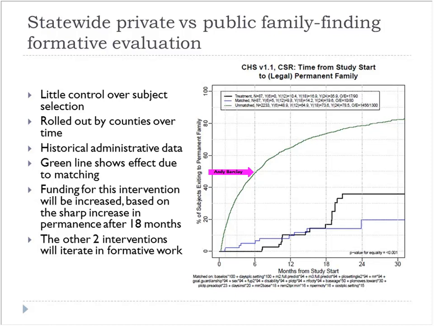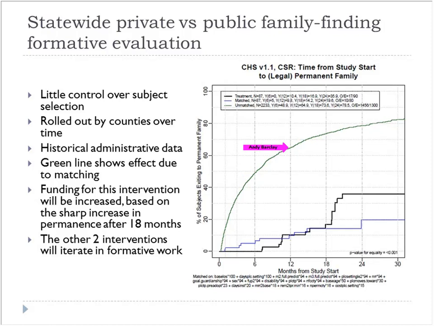The green line is the curve of the permanency over time for children who were not selected into the study and were not in the comparison group. They do much, much better because we're trying to select the children here who are going to have the most difficult time getting to a timely permanency. And we're doing a very good job of that.